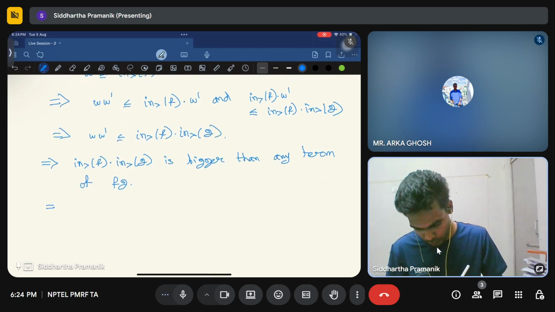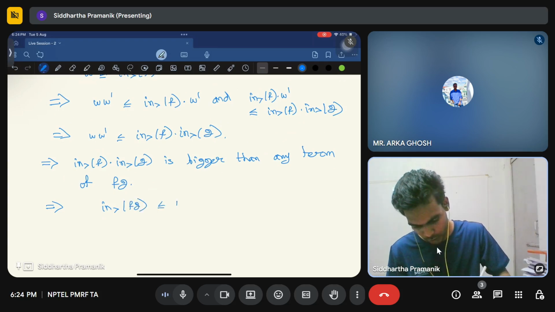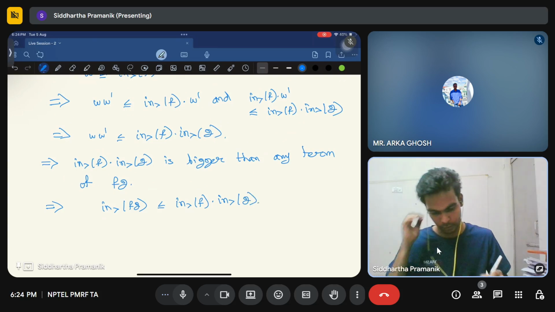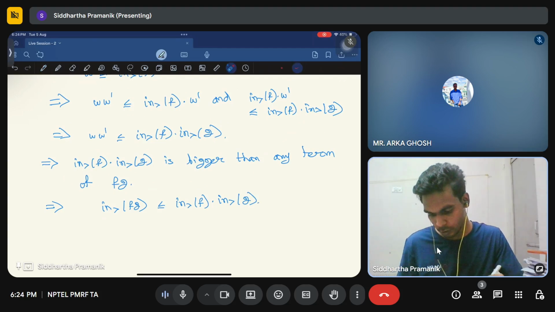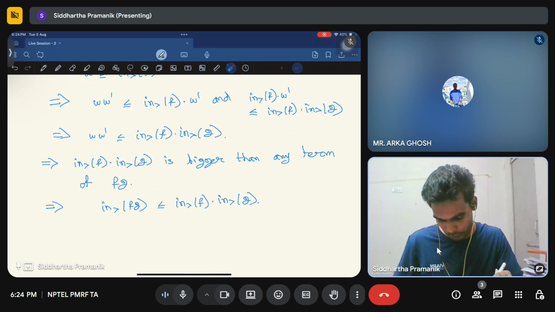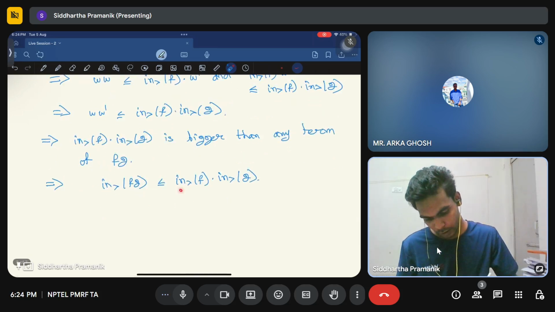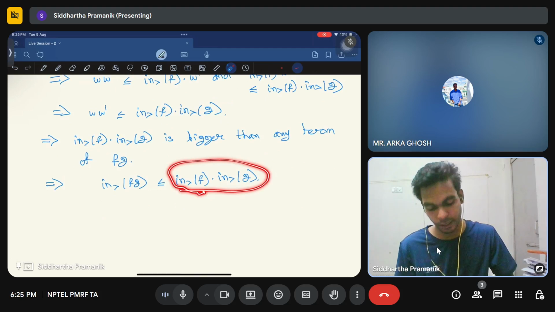From this we can write the initial term of f times g is less than or equal to the initial term of f times the initial term of g. So again we have got a one-sided inequality, but the equality also occurs here in the same way, because this term itself is a term of the product.